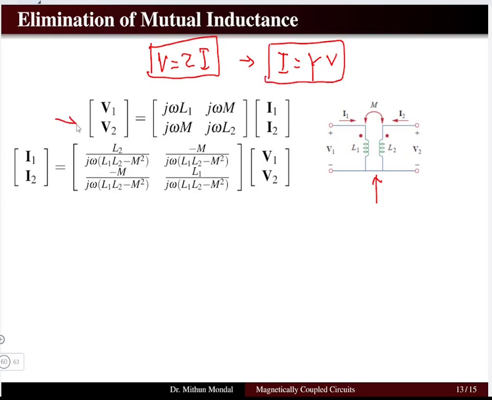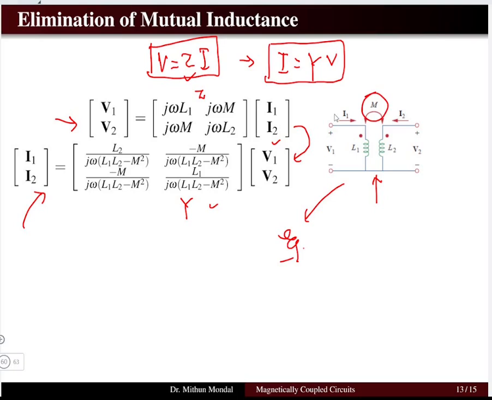So I will get the equations like this. In the first equation, we have V equal to Zi, where we get the impedance matrix. If we take the inverse of this, we get the current equal to admittance into voltage. Now we will use these equations to get some equivalent circuit where the mutual coupling is not there.